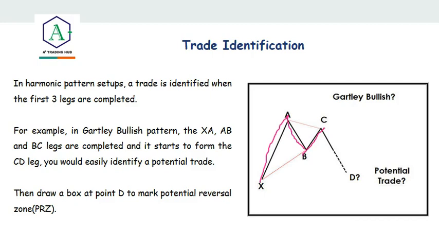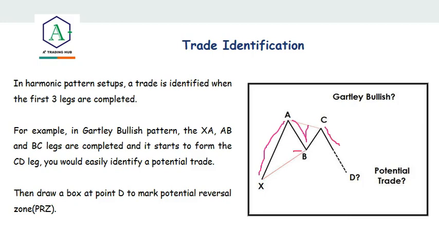Then that is when you can start saying, okay, fine, we may have a potential Gartley or a potential butterfly or a potential crab. So the first 3 legs have to be complete. Then price starts forming the last leg, the fourth leg. So if you can see from this image here, the XA leg was completed, the AB leg was completed, the BC leg was completed, and price started forming the CD leg.